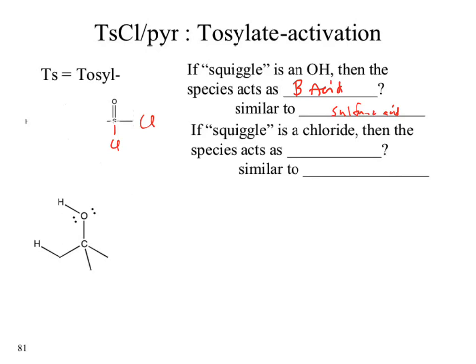That looks an awful lot like, so we could cheat and say SOCl2, also known as thionyl chloride, which we just saw. So if I make that a chloride, what happens to the species now? How does it end up acting? The sulfur now acts as an electrophile, similar to our thionyl chloride.